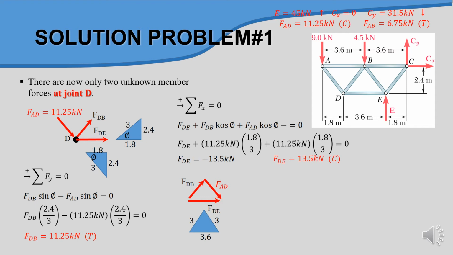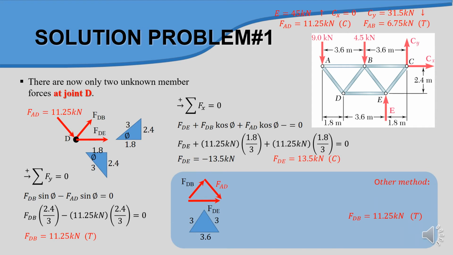Substituting the value of cos theta, we finally obtain FDE as negative 13.5 kilonewton, which means the preset direction of tension is wrong, so the actual direction is opposite. The final value of FDE is 13.5 kilonewton, in compression.